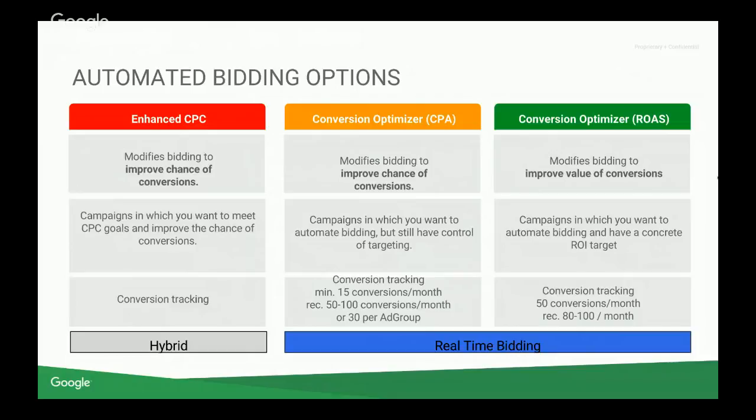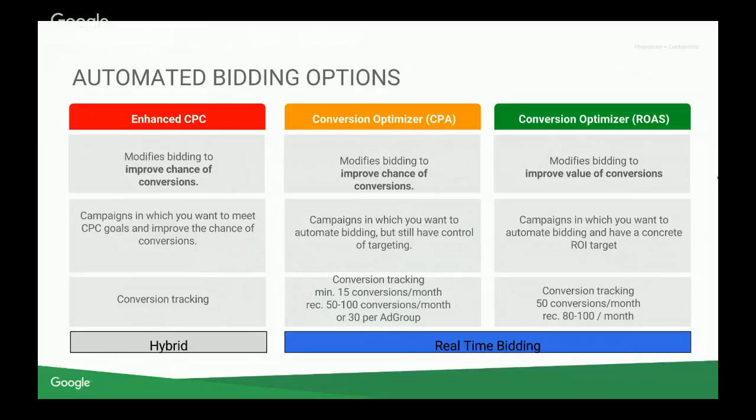It's some sort of hybrid when it comes to bidding management. Furthermore, for the conversion optimizer, we already said that you need to have some 30 conversions or a minimum of 15 conversions in the last month. But obviously, it's recommended to have more, so 50 to 100 conversions a month ideally, or some 30 conversions per ad group.